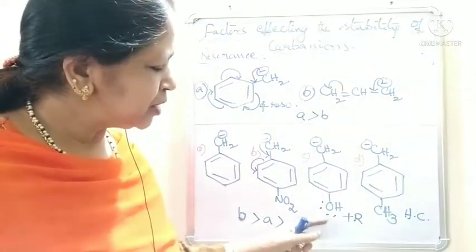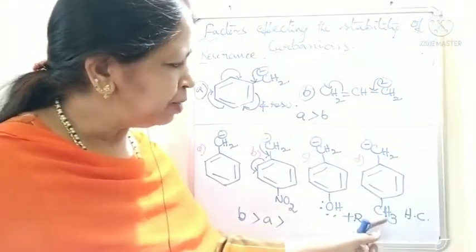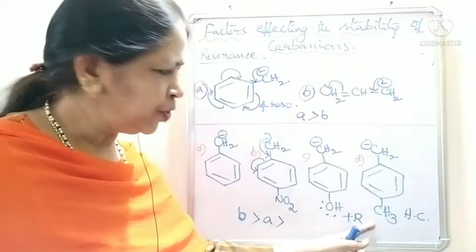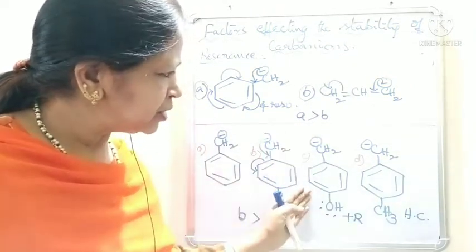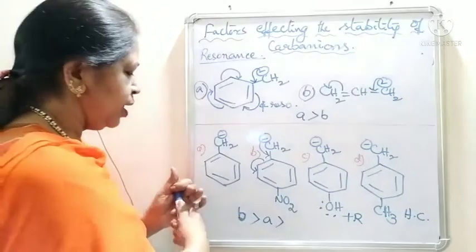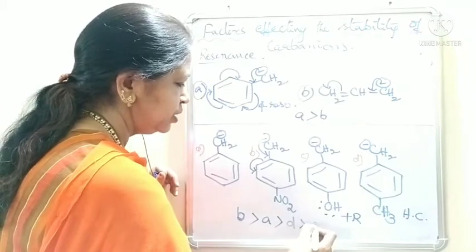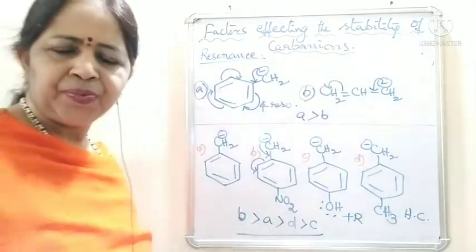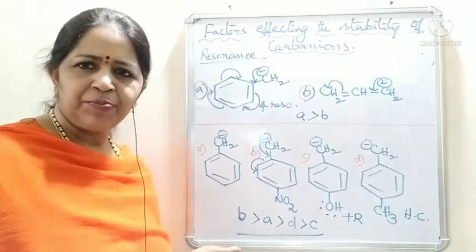So, destabilization by OH group is greater than the methyl group. Therefore, C is more destabilized than D. So, B greater than A, greater than D, greater than C. This is the order of their stability. Okay, students, I think you got the point.